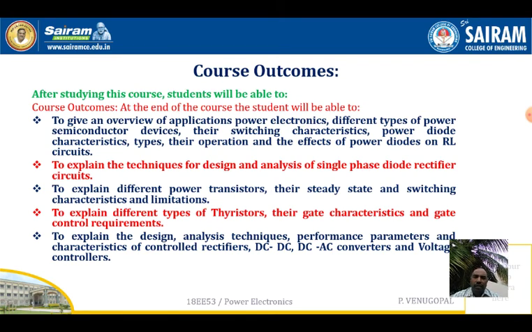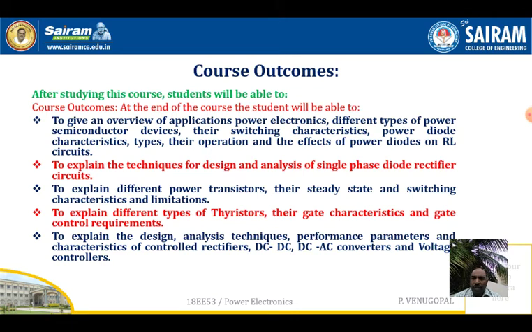There are plenty of applications, and you will also be able to identify the different types of power semiconductor devices and their switching characteristics. By seeing the characteristics, you can judge what type of power semiconductor device it is. You will also understand power diode characteristics, types, their operations, and the effects of power diodes on RL circuits.